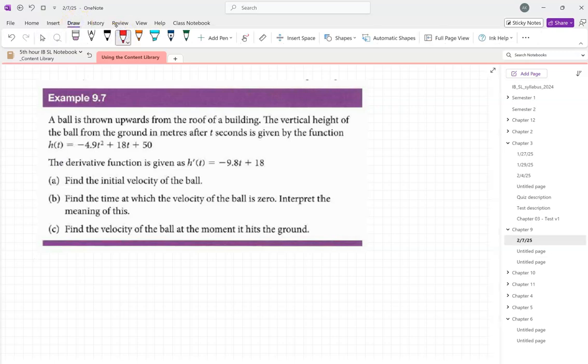The vertical height of the ball from the ground in meters after t seconds is given by the position h of t equals negative 4.9 t squared plus 18t plus 50. We're told the derivative of the function, h prime of t, is negative 9.8t plus 18. We're asked to find the initial velocity of the ball.